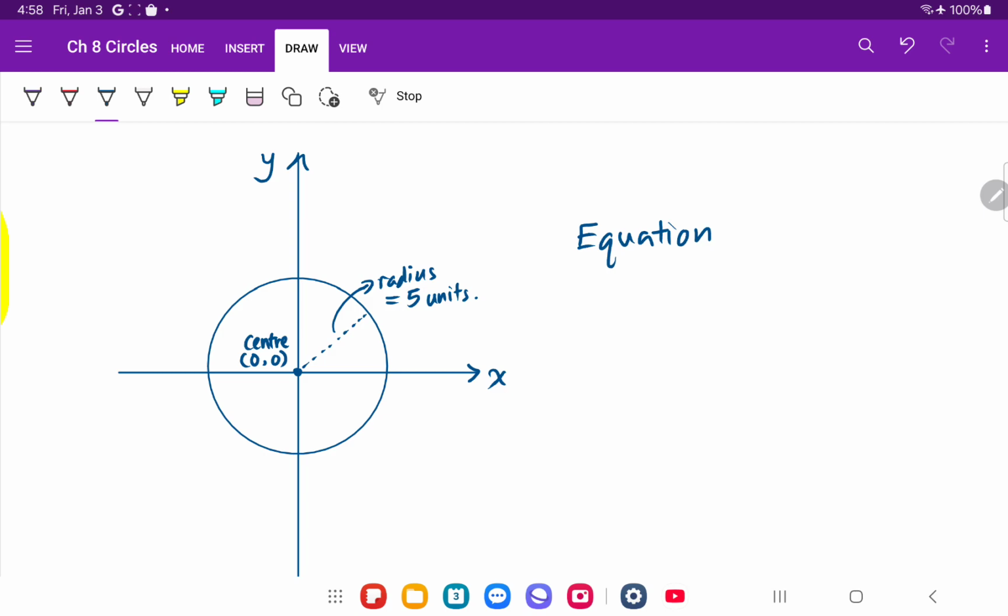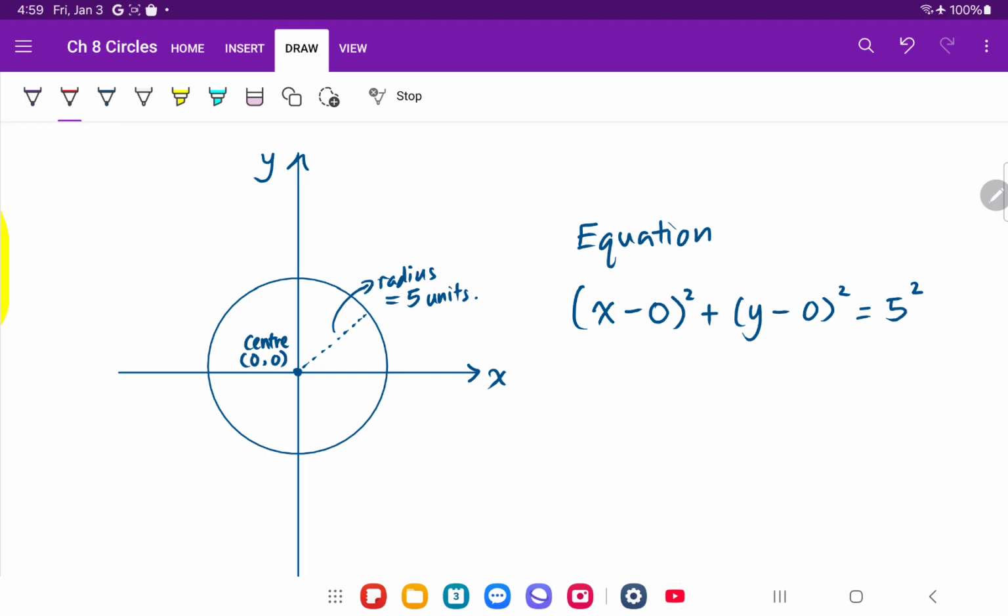Okay, now before we get to that, let me just show you the equation and then I need you to make a guess how I got certain numbers into the equation. Let me start. The equation of this circle is x minus 0 squared plus y minus 0 squared equals 5 squared.